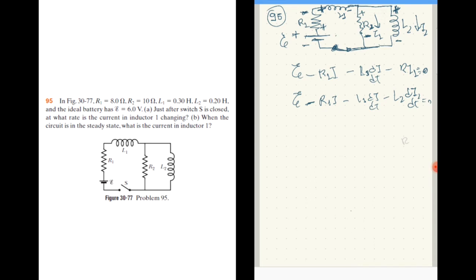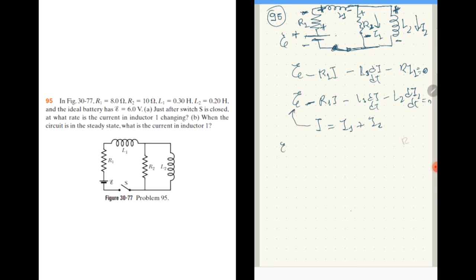These two equations govern the motion of the electrons in the circuit. One obvious thing is that the total current is the sum of current 1 plus current 2. One approach to solve the problem is to substitute this expression in one of these first equations. In my case, I substitute it in the second equation.